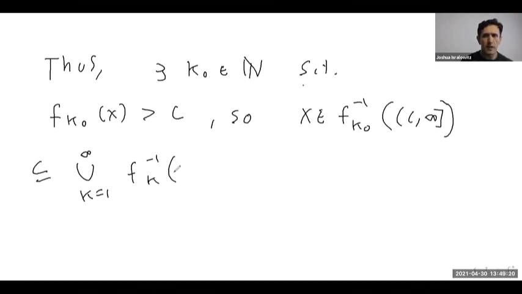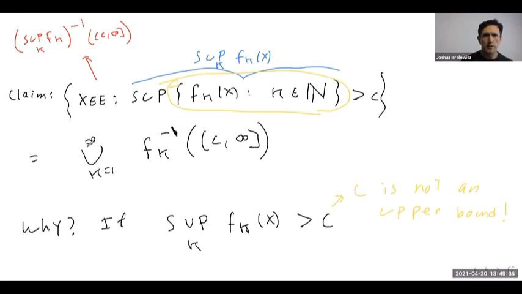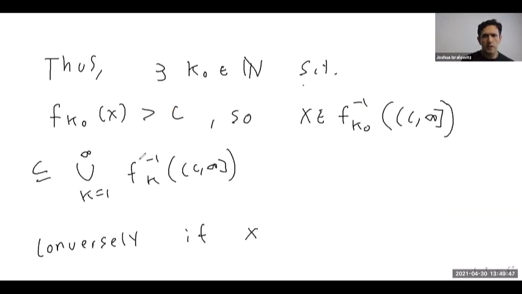Forget if I used n or k, it doesn't matter. So if x is in the left-hand side, so the sup is bigger than c, not k, then x is in this union.